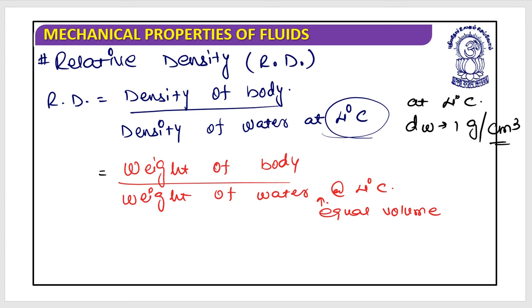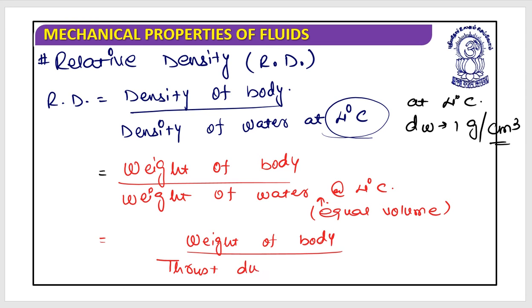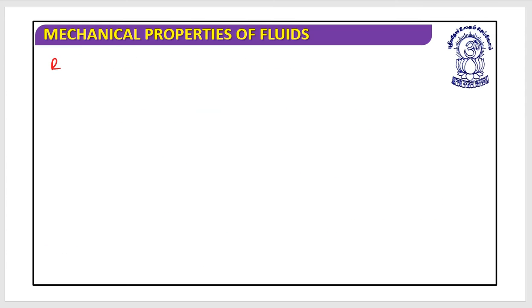So weight of body divided by weight of equal volume of water at 4 degrees Celsius, I must say it's the weight of the body divided by the thrust due to water. I hope this is clear. And when this is the situation, this is the RD.